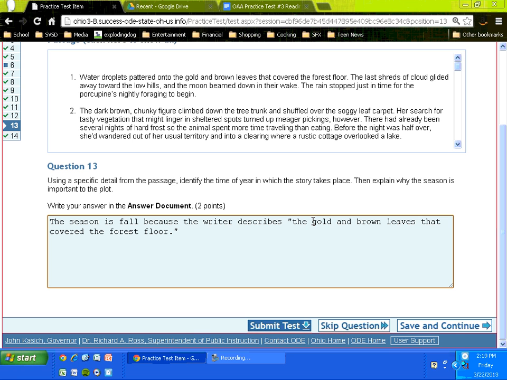First point is accomplished. Somebody tell me why this is important to the story. Because if it wasn't fall, she wouldn't have gone out in the classroom. So does it explain her motivation? Another answer?